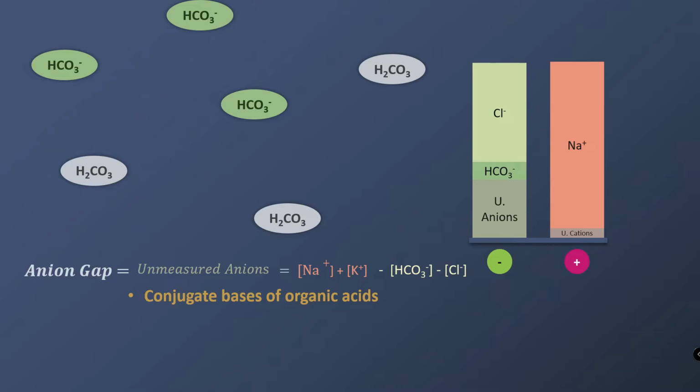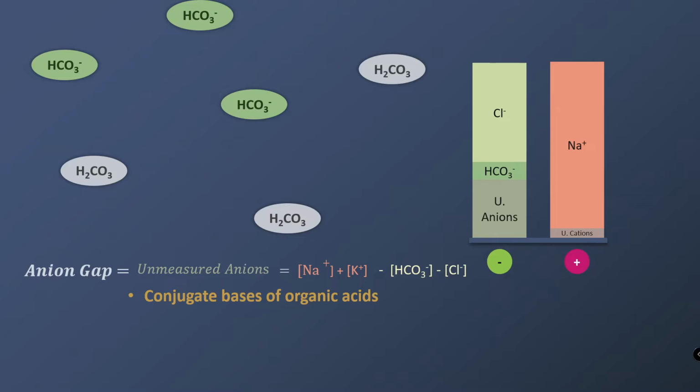Yeah, excellent. So he is saying that one negative charge is lost in the form of bicarbonate, then along with that we are getting negative charge in the form of lactates. And we don't measure that negative charge. Because of that we have no change in electrical neutrality.